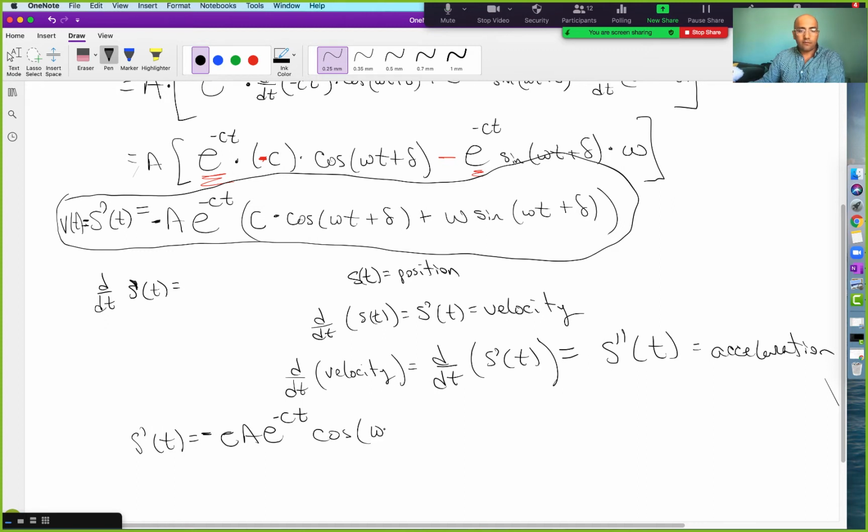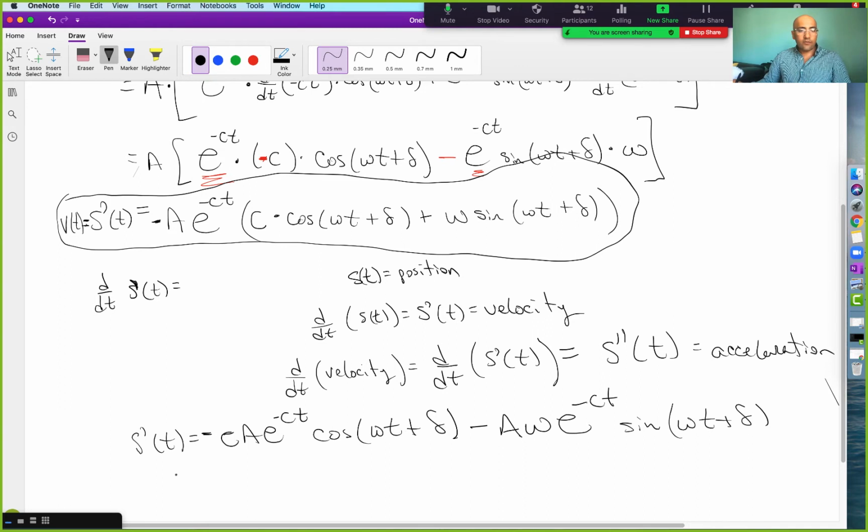Cosine of wt plus delta, plus w. I need a minus a. Minus a w e to the negative ct sine of wt plus delta. There. So all I did was distribute this to each of these.